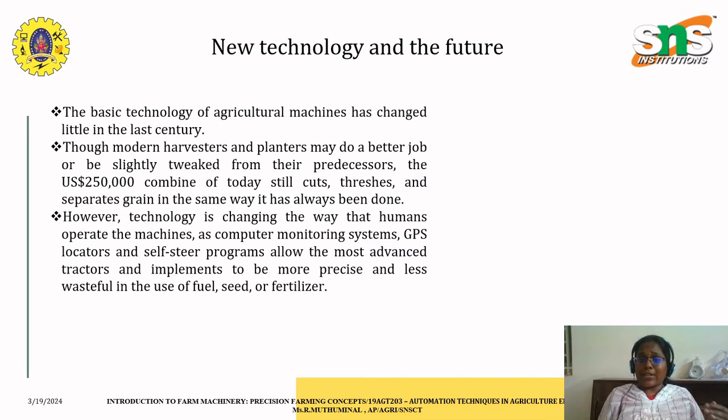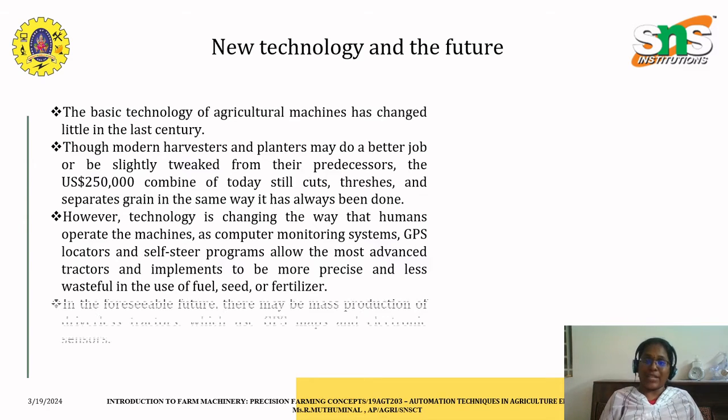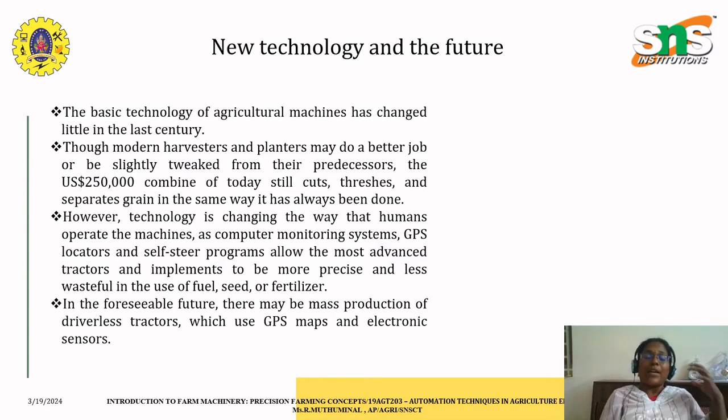Though technology is changing the way humans operate machines, computer monitoring systems, global positioning systems and self-steer programs allow the most advanced tractors and implements to be more precise and less wasteful in the use of fuel, seed or fertilizers. And a possible future, incorporating GPS maps and electronic sensors, will help in the mass production of driverless tractors.